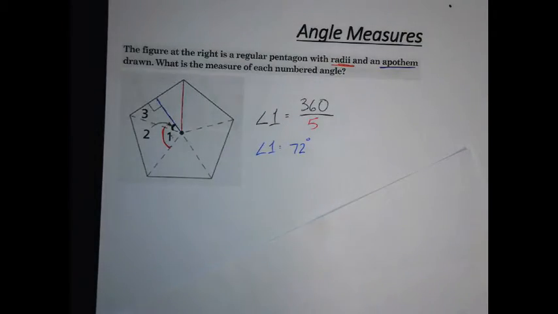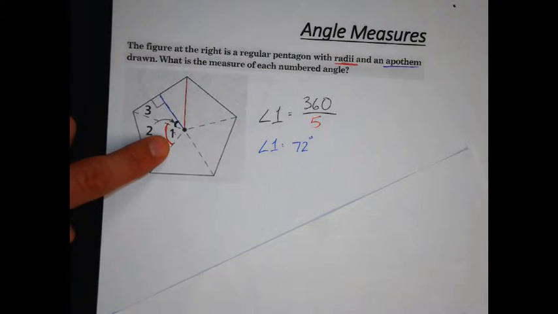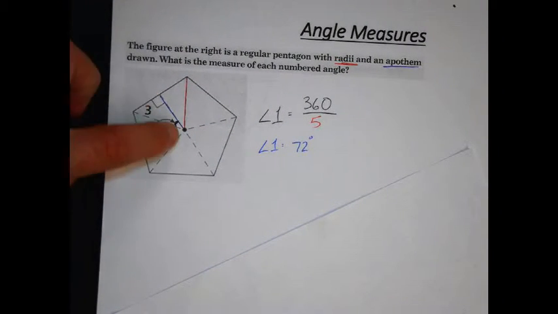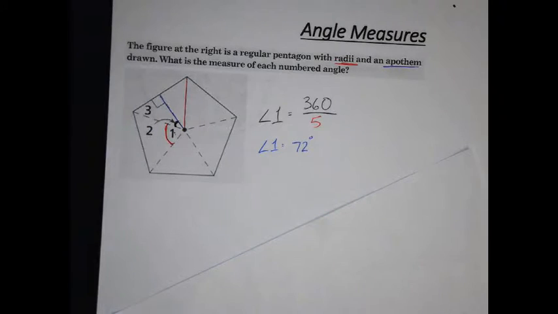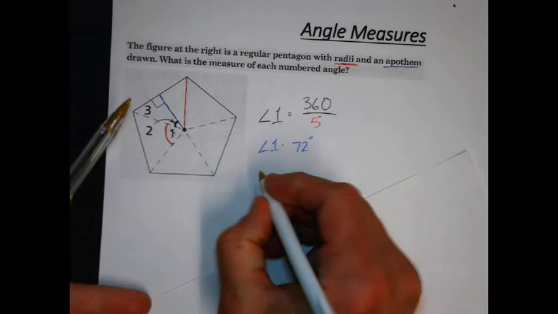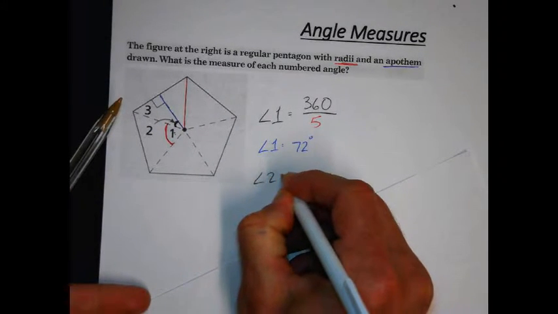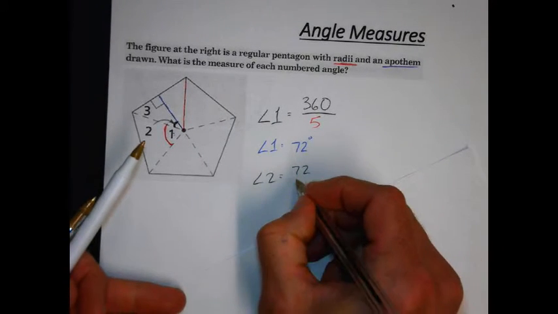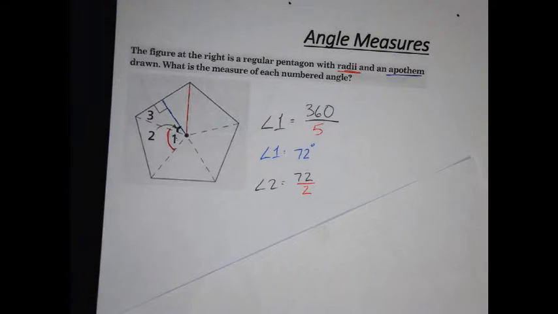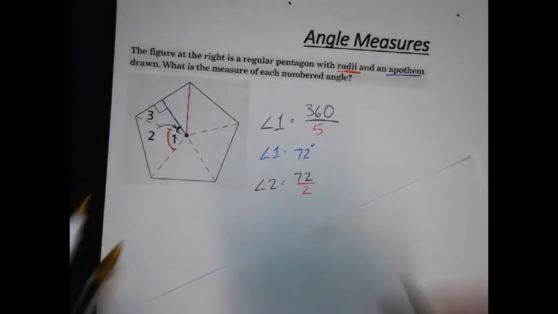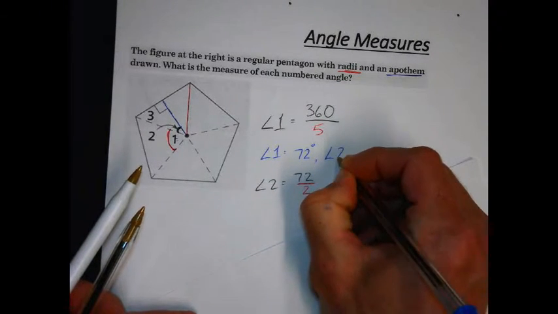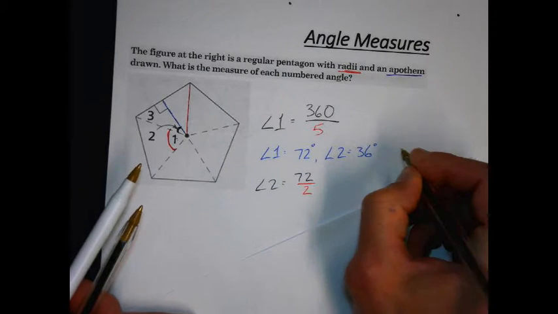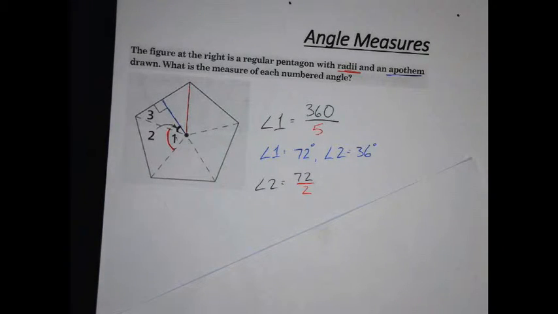So if angle 1 is 72, then angle 2, with the apothem, bisects 72. So angle 2 is going to be 72, but cut in half. So our measure of angle 2 is going to be 36 degrees.